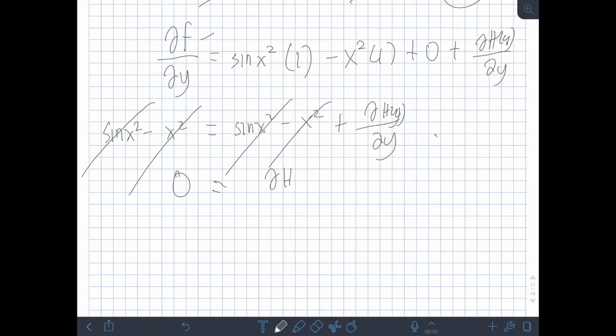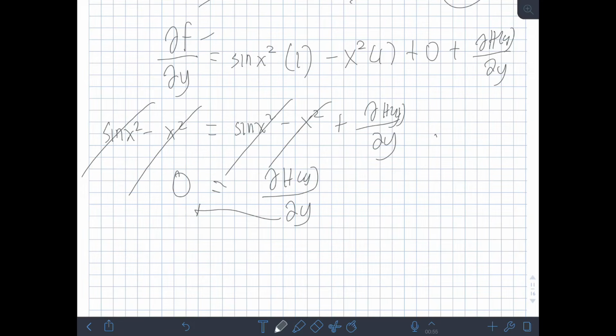Tapos, derivative ng h of y with respect to y. So, ganun lagi yung ma-encounter nyo. Parang makakancel yung other terms at meron ka lang matitirang ibang terms na either constant or expression na dapat with respect doon sa variable na dinidifferentiate nyo, which is this time ay y. So, since itong left side ay 0, pwede pa rin yun, right?